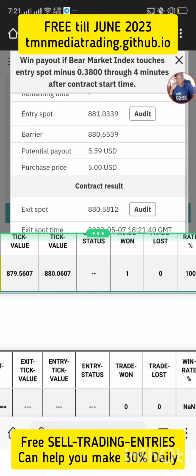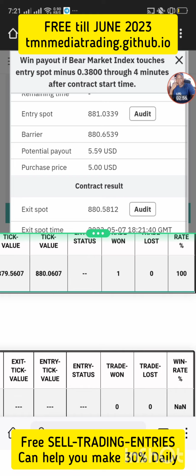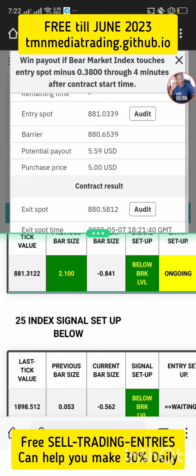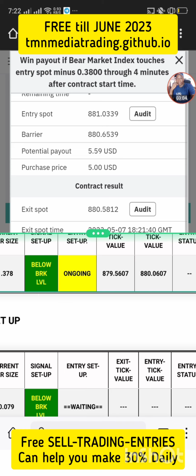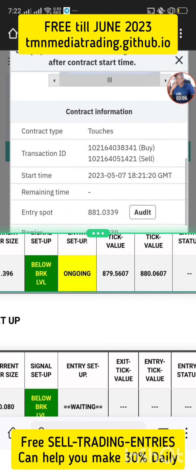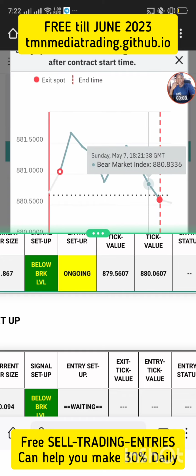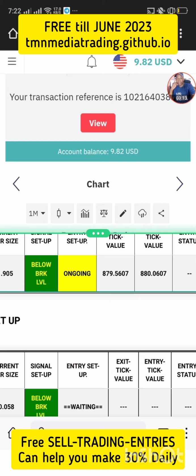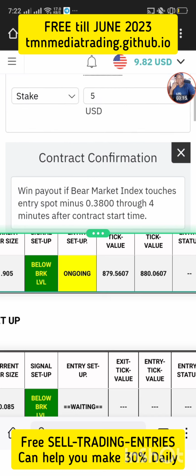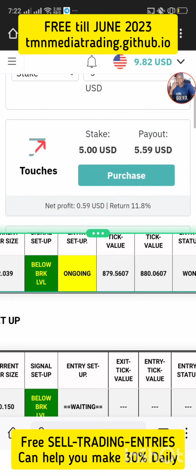Okay, I think I've refreshed this. Okay, the status for this has not showed up, and I believe 1 minute's already over. Okay, so I've won the trade, and I'm very close to $10. With one more trade, I should be in $10.